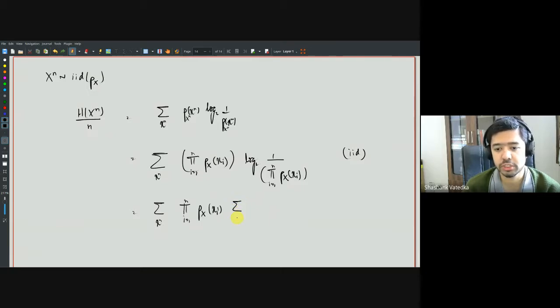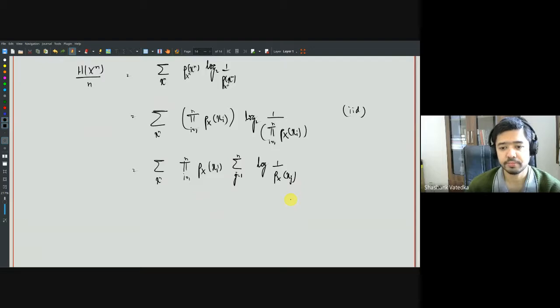The log of the product of terms is just the sum of the log of the individual terms. So summation j going from 1 through n of log 1 over Px of xj. Now I can just interchange these two summations. I bring this in and take the summation outside.